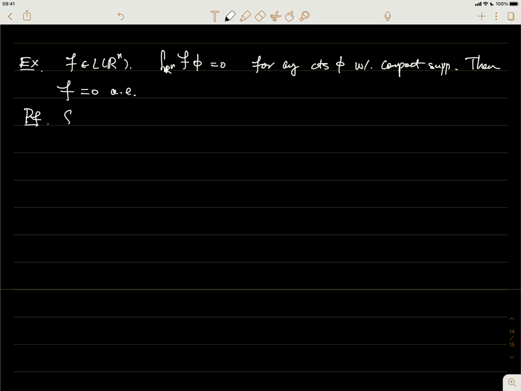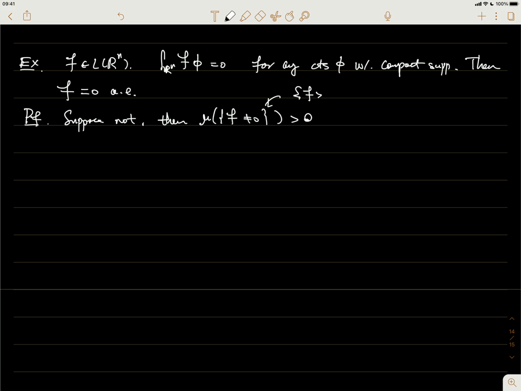Suppose not. Then we know that f is not 0 almost everywhere. Then that means the measure of the set where f is different from 0 is positive. Okay, but this set can be partitioned into two parts.